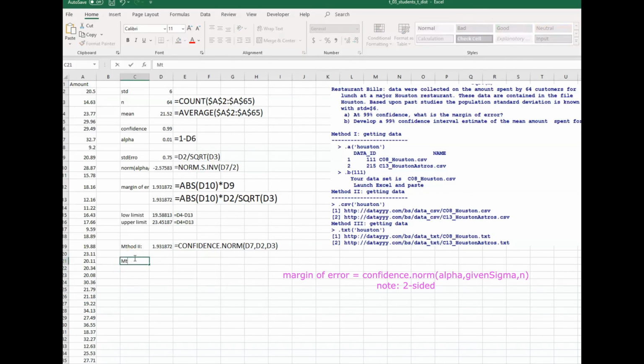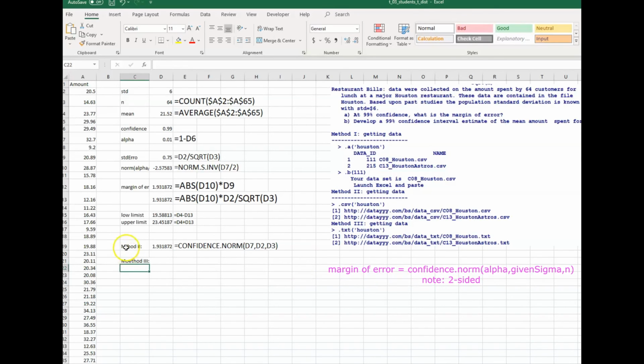Actually we have method 3. Method 3 is calling a VBA called margin of error, because CONFIDENCE.NORM is sometimes confusing.